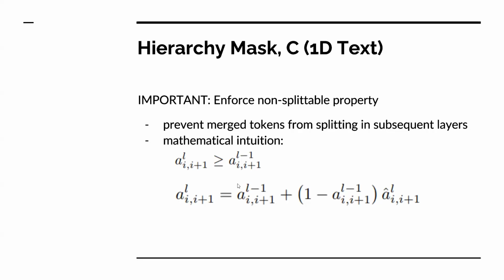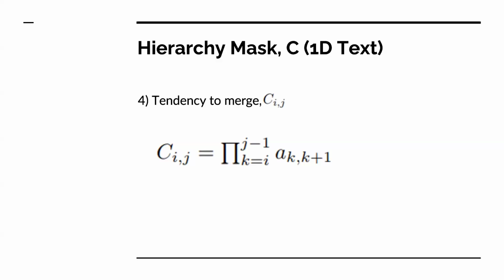You have the affinity value from the previous layer, and you have the affinity value you computed in your current layer, and then you multiply it by a coefficient, which is also the affinity value of the previous layer, offset by 1. And lastly, you have the elements of the hierarchy mask, which is called the tendency to merge for each row i and column j.